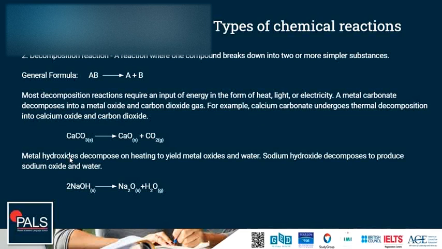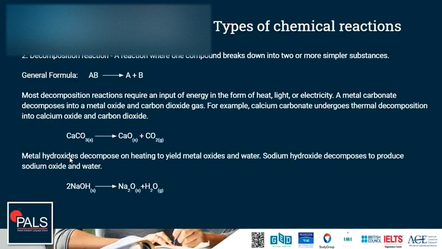The second type of reaction is the opposite, which is called a decomposition reaction. Instead of something building up, this is a reaction where one compound breaks down into 2 or more simpler substances. The general formula is the compound AB breaks down into A plus B. Most decomposition reactions require an input of energy in the form of heat or light or electricity to happen.